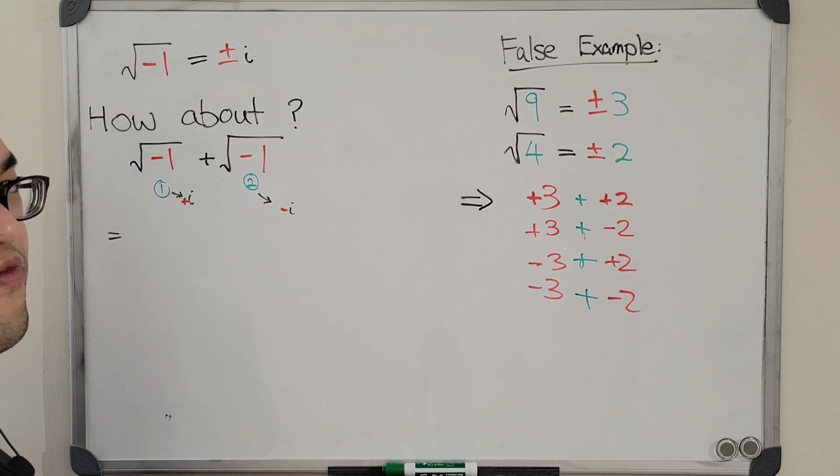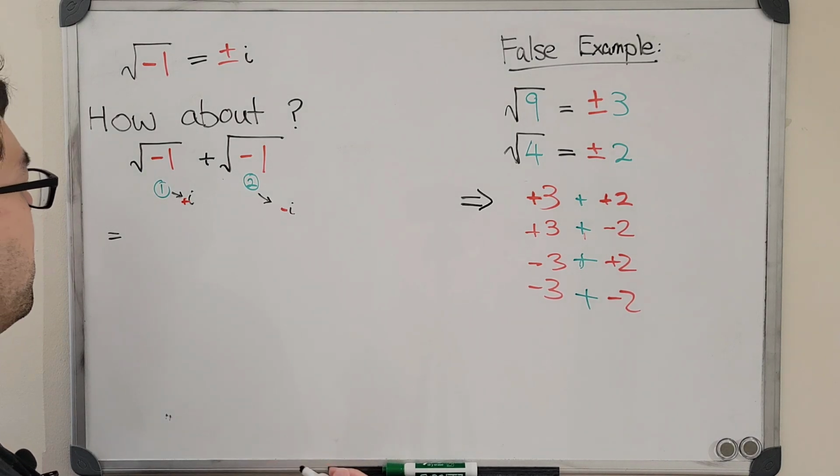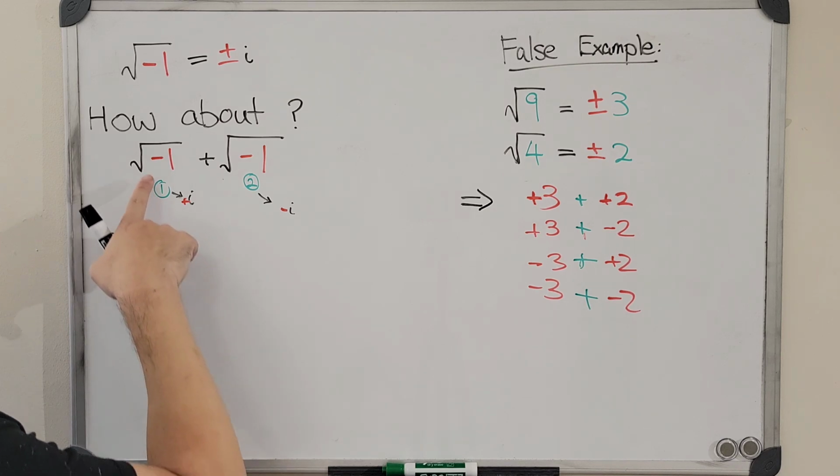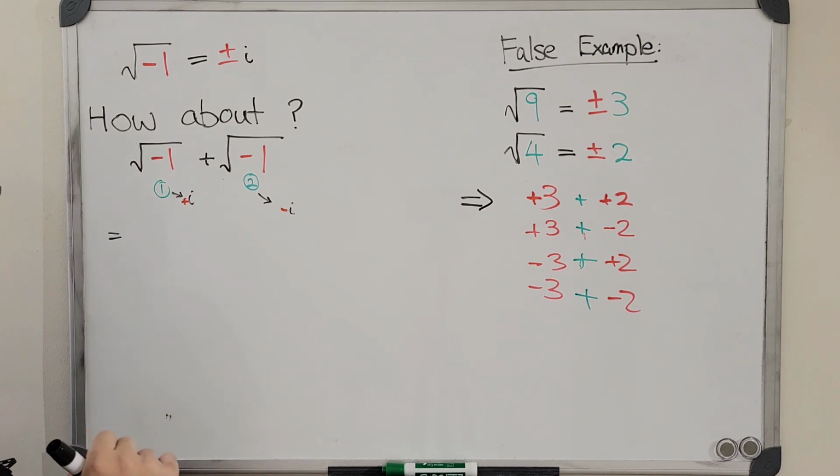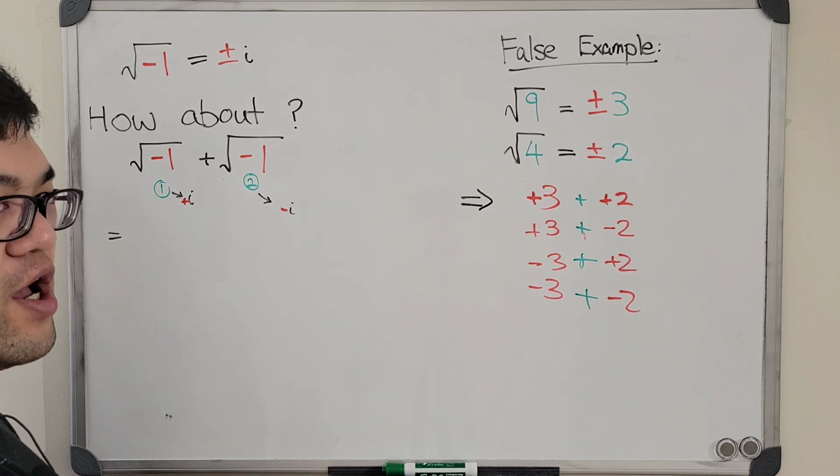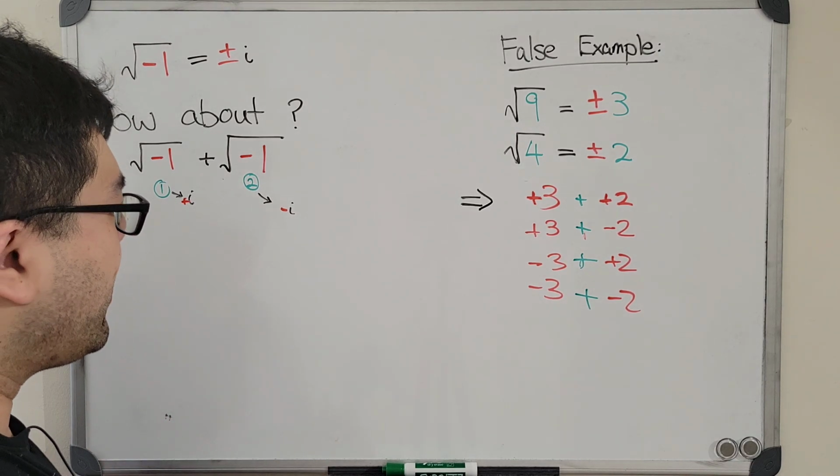We have to use the same value in order to do the calculation. So if we choose the first term as positive i, the second term is automatically becoming positive i as well. Similarly, if we choose the first term to be negative i, the second term becomes negative i.